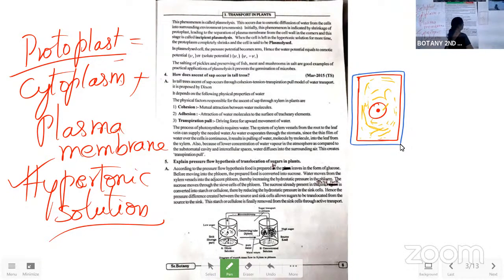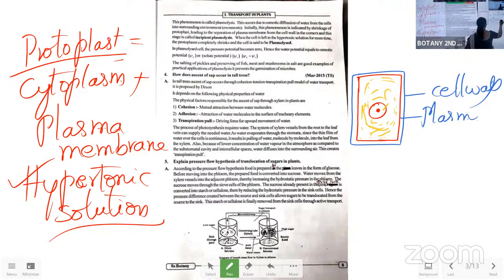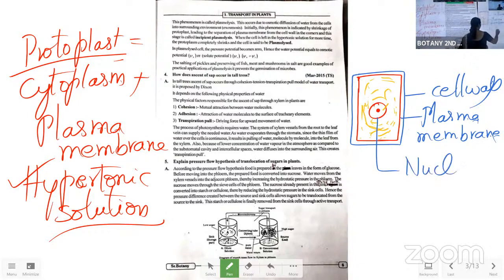Okay. Now comes with the labeling. This is the cell wall. This is the plasma membrane. And this is the nucleus. And this is cytoplasm.